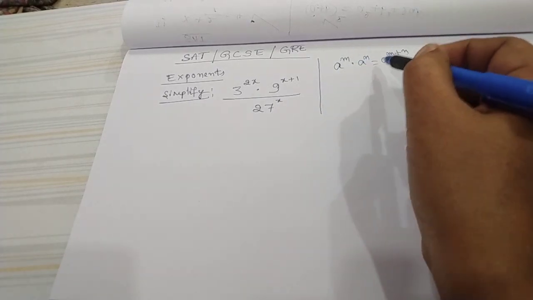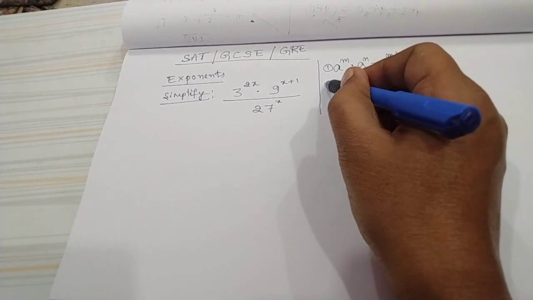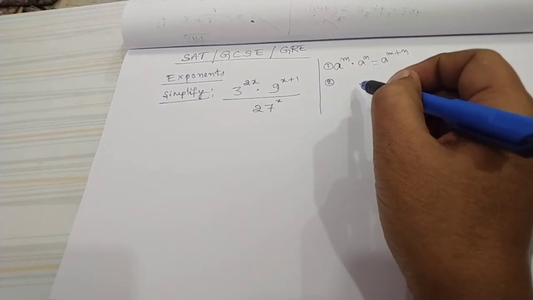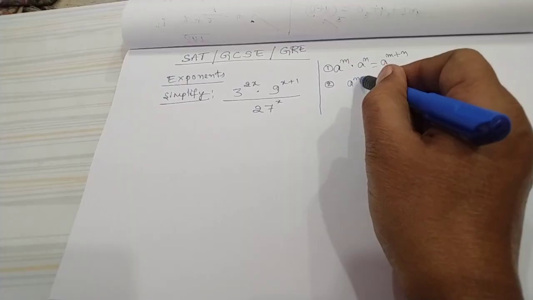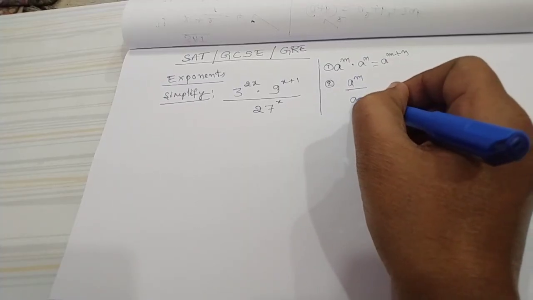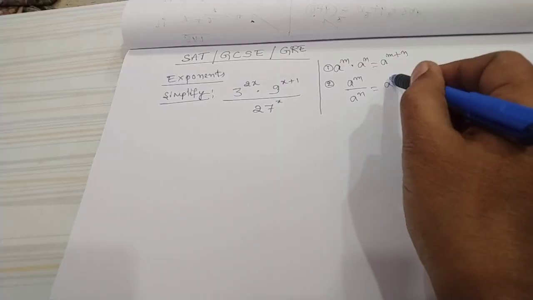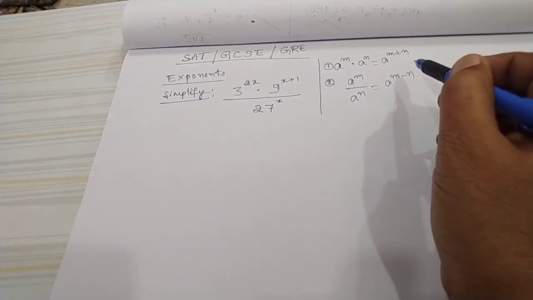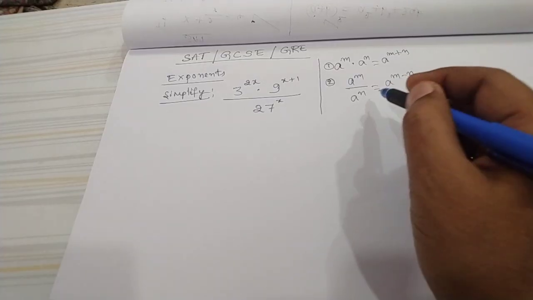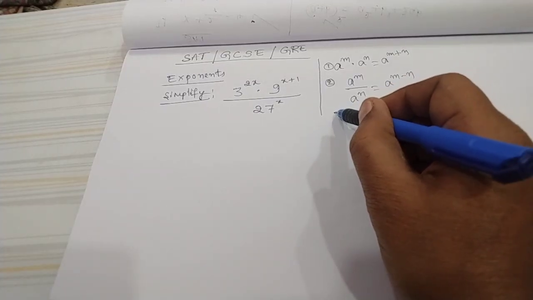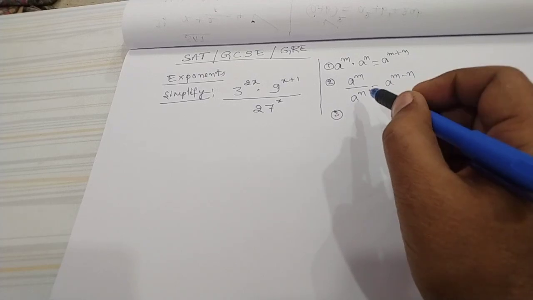We need to know this identity before we solve the problem. The next formula is a to the power of m over a to the power of n, which is equal to a to the power of m minus n, where m is greater than n. This is the second strategy one should have before solving this problem.